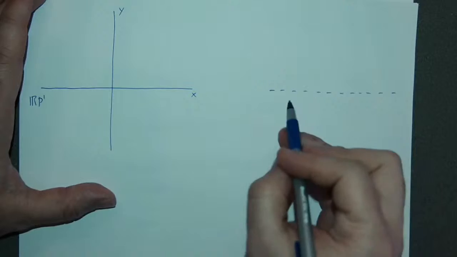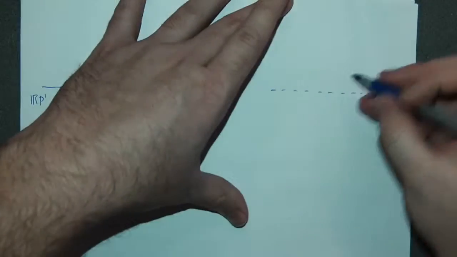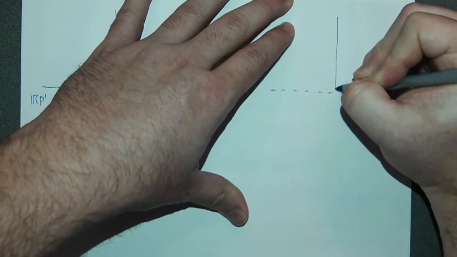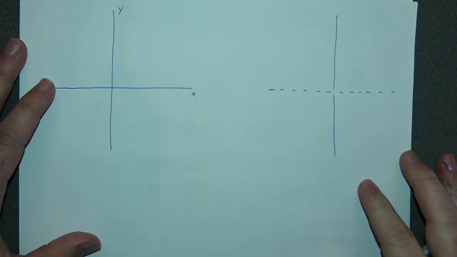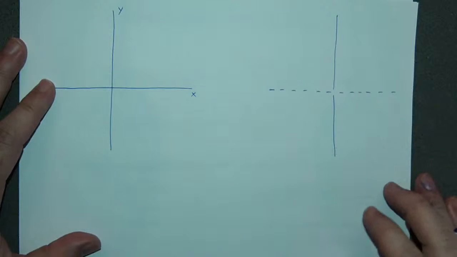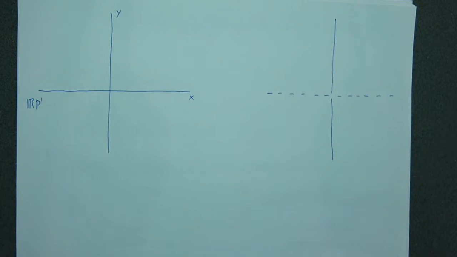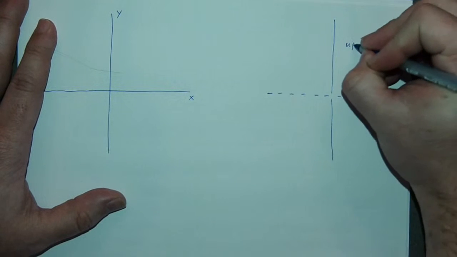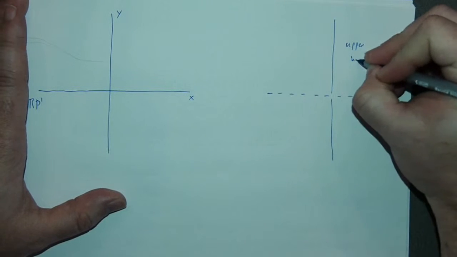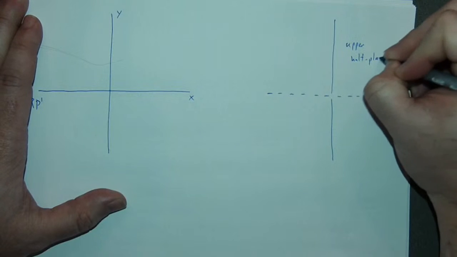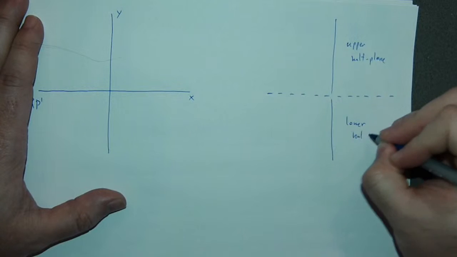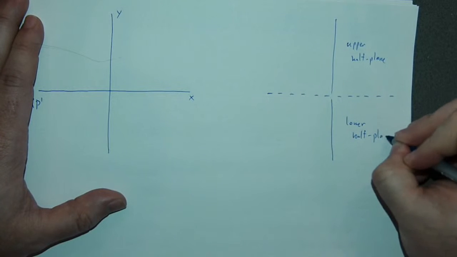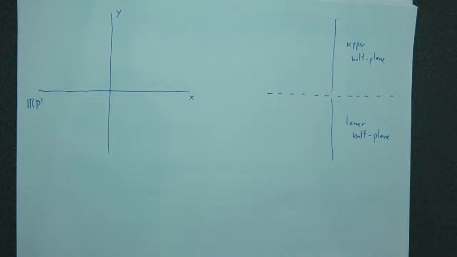So there's my copy of RP1, and then I have an upper plane and a lower plane. Of course, these are half planes, in the sense that this is how I'm drawing them. So this is the upper half plane and the lower half plane. Okay.